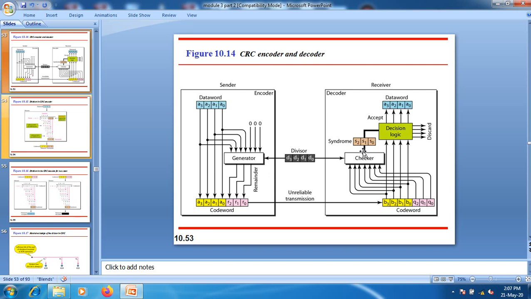receive the 0. In that case, this particular coding method may not be able to detect those types of errors. For example, I am using the divisor value as a 2, and you have sent a data word 4 here.